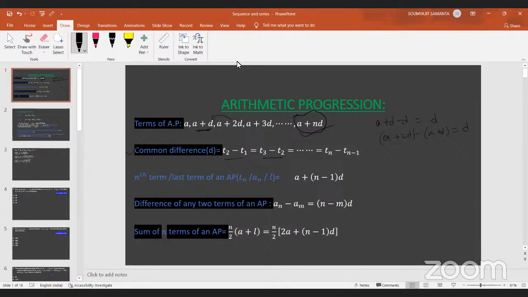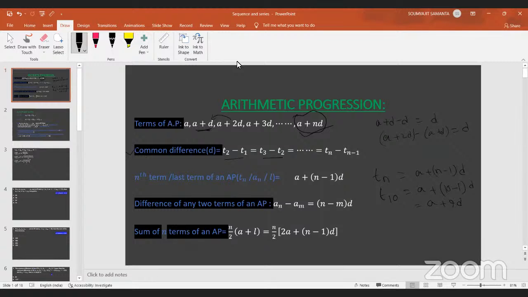The nth term Tn is A plus (n minus 1) into D. That means if anyone is asking for the nth term, A is nothing but the first term, for example A plus (10 minus 1) into D, that will become A plus 9D. That is for the nth term or last term.